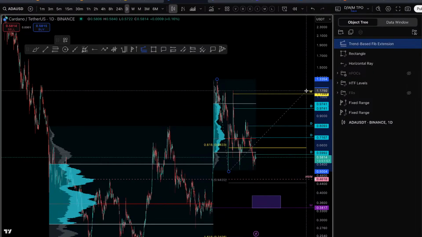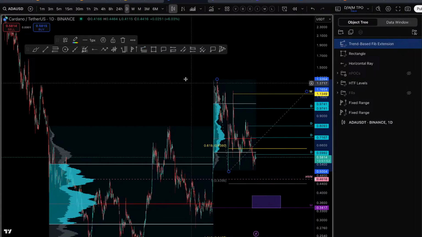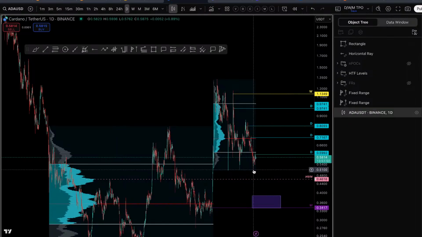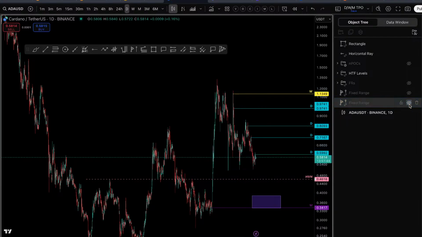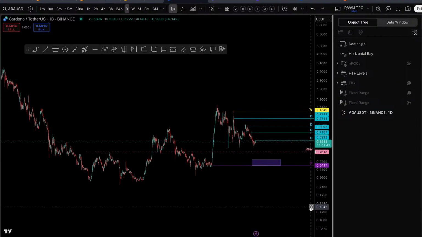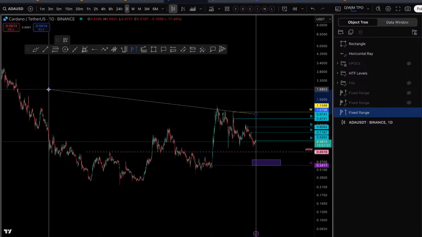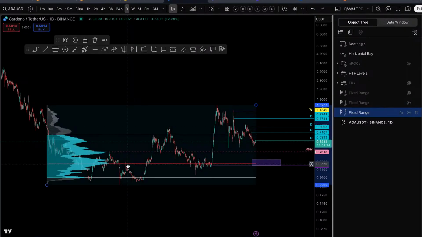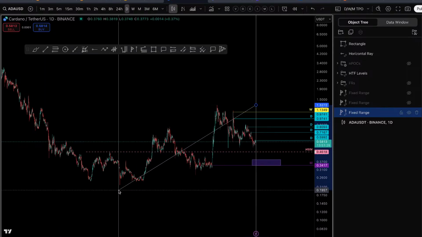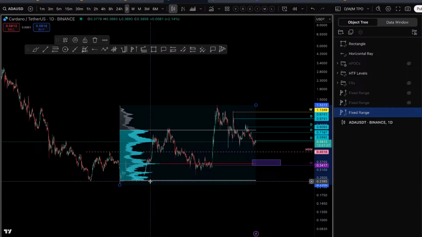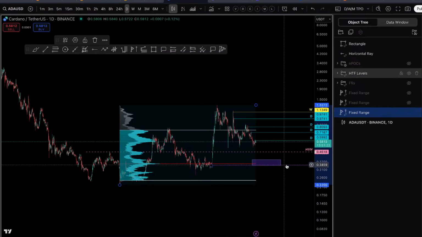Where is it? Yeah, I mean, it's a lot of liquidity firstly here. Yeah, the whole issue is this: the uptrend value area tells us to come here.